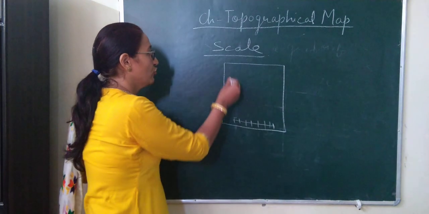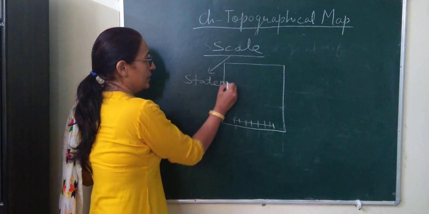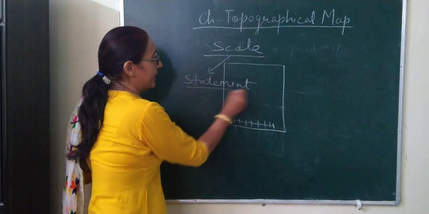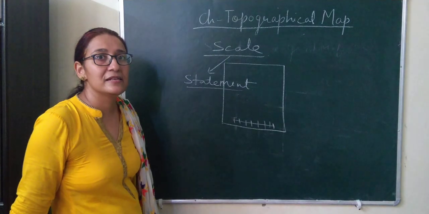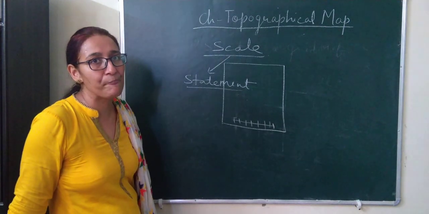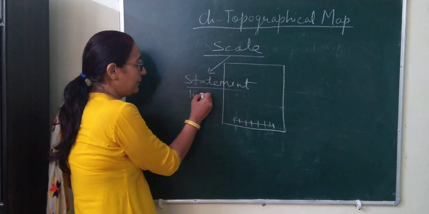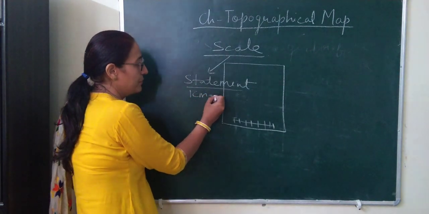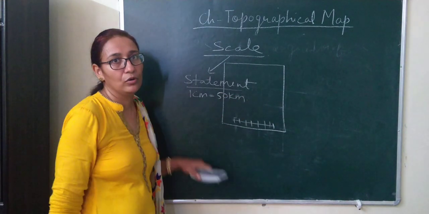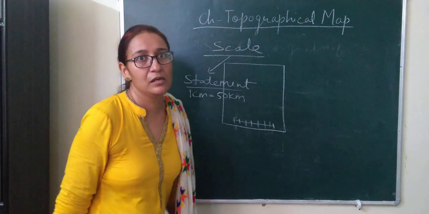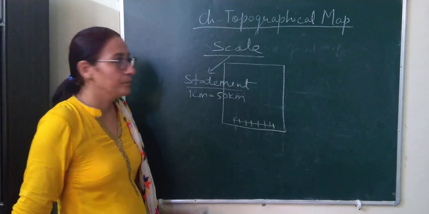The very first one is statement scale, in which we write the scale in a statement or in simple form, like 1 centimeter on map represents 50 kilometers on ground. In a simple statement, we write statement scale.